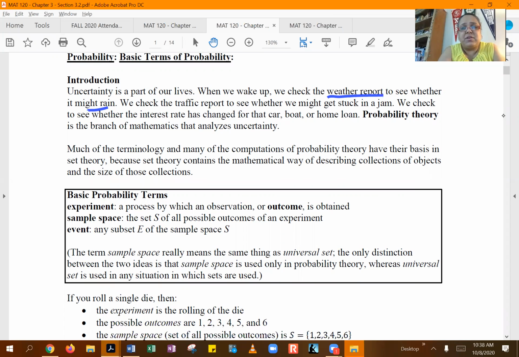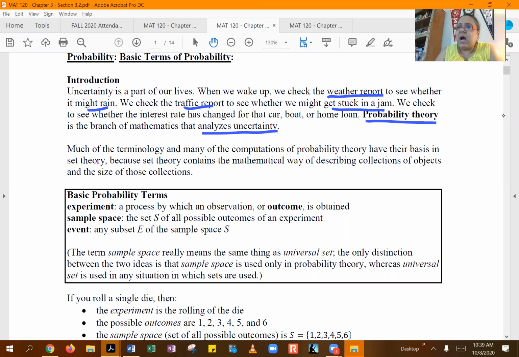You can check the traffic report to see, okay, are we going to get stuck in a traffic jam? Do we need to select an alternate route? So there are always these things that we are not certain about, and maybe there are ways to check for that. So when we're talking about probability theory, we're basically talking about probability being the branch of mathematics where you are analyzing uncertainty.